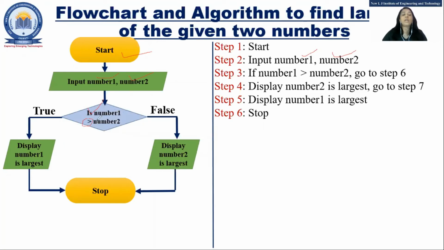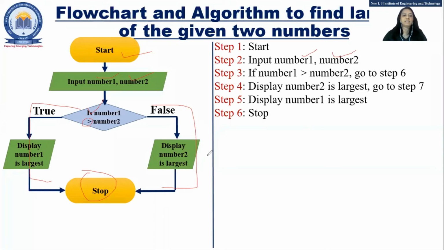Here we have checked greater than. If true, then display number 1 is larger. If false, then display number 2 is larger. And then stop. You can see that when stop, there are two paths, one from this side and the other from this side. Clear? This type of statement is called a decision making statement. Fine.